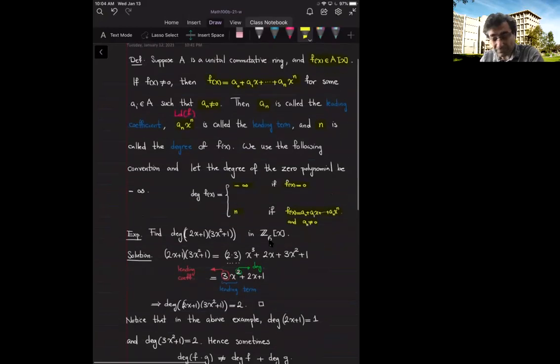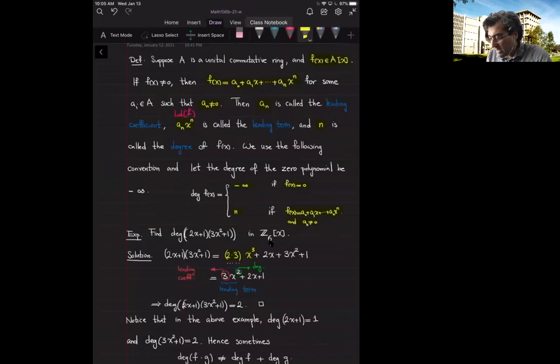So let's see one example. Let's look at the ring Z sub 6 bracket x. The question is, what is the degree of the product of these two polynomials: 2x plus 1 times 3x squared plus 1? How can we find the degree? Let's distribute and find out what the product is. The first term would be 2x times 3x squared, which is 2 times 3, x to the power 3.